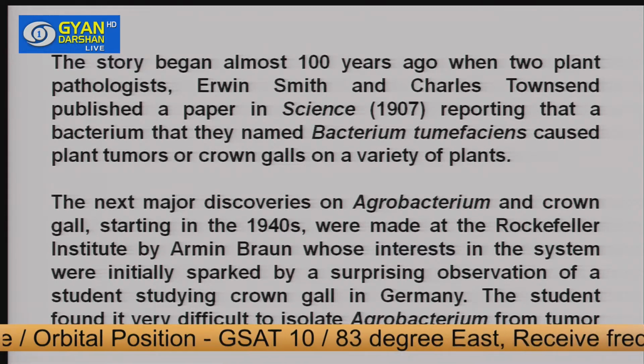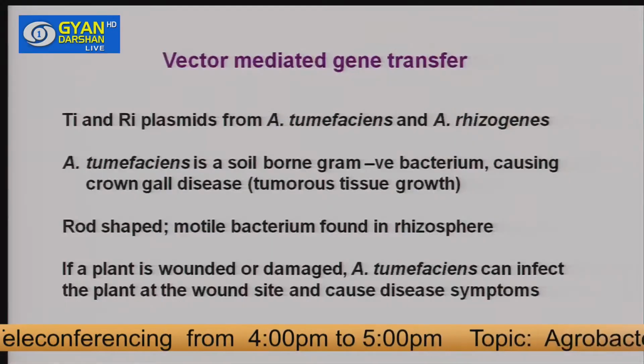So they identified that this particular bacterium, Agrobacterium tumefaciens, is causing crown gall tumorigenesis. People went on searching for the reason for this, and the unique characteristics of this particular bacterium.